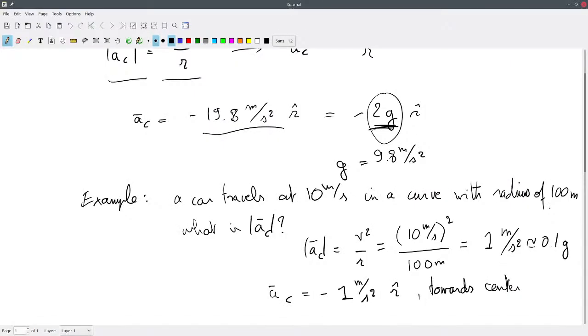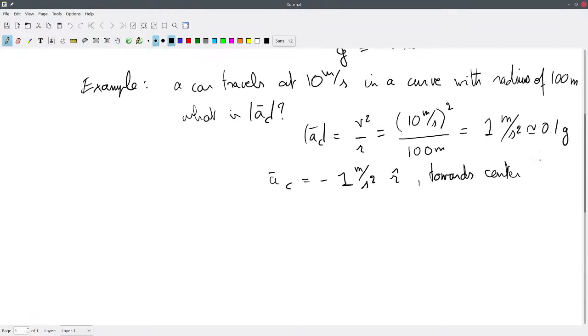So now that we have calculated the magnitude and the direction of the centripetal acceleration, we're also going to want to put this in terms of our position vectors, r as a function of t. We're going to want to determine our velocity vectors and our acceleration vector as a function of t, because one of the things you'll see is that this unit vector in the radial direction will of course change over time if we want to put this in x and y components.